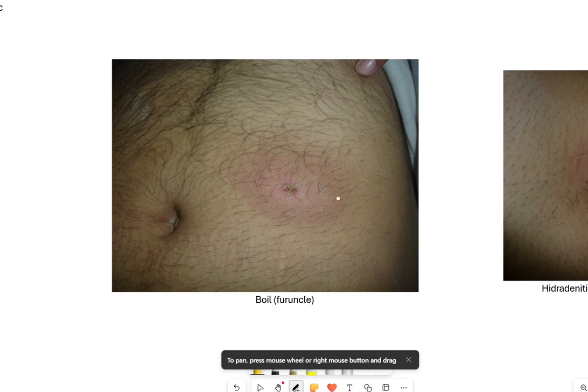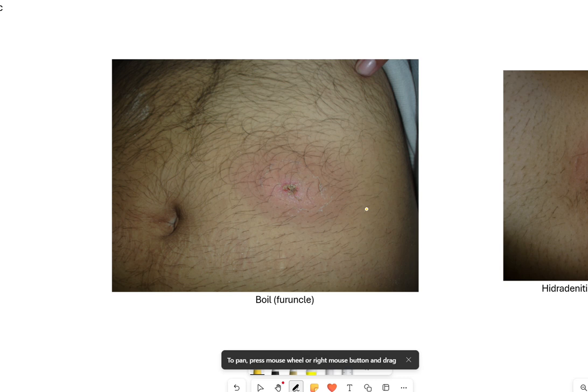Staphylococcus aureus is the commonest organism which enters the hair shaft and goes into the follicle and causes infection. It's a very benign condition, and usually it settles down very rapidly, and doesn't require much of any surgical intervention.